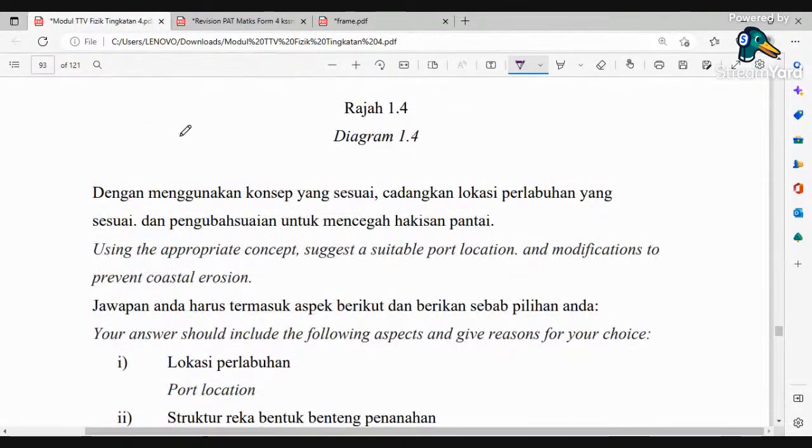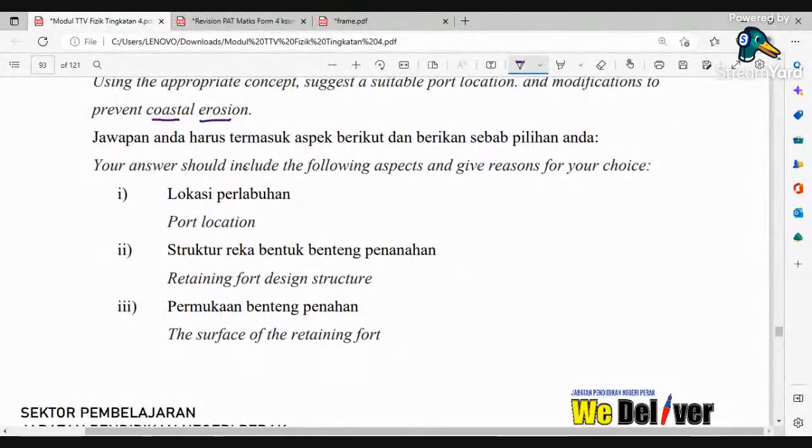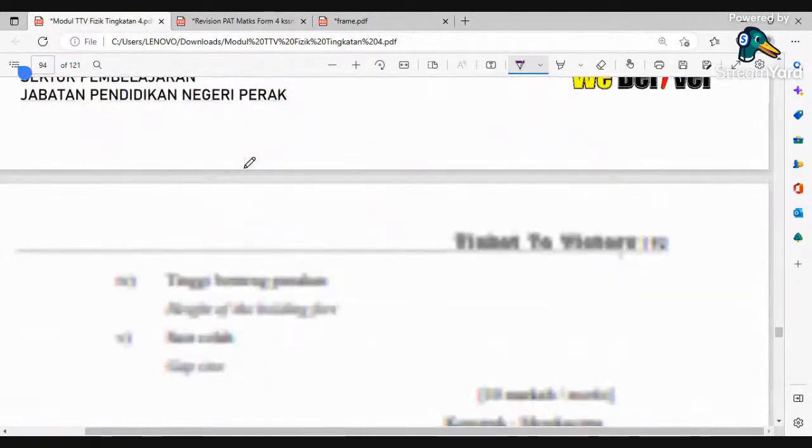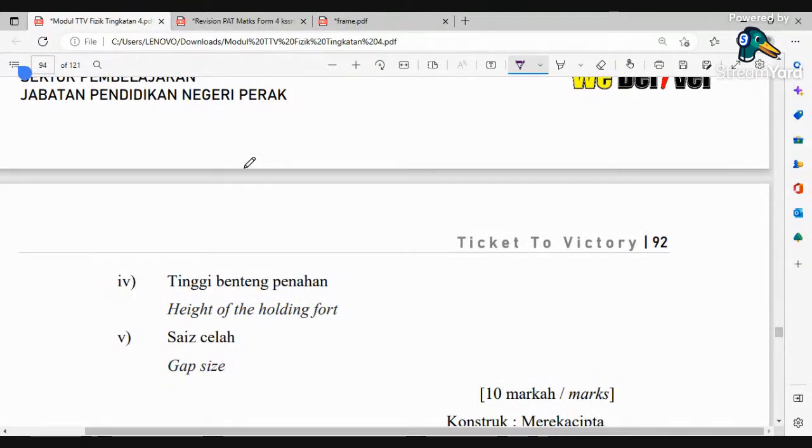Using appropriate concepts, suggest a suitable port location and modification to prevent erosion. Your answer should include the following aspects: port location, retaining wall, the surface of retaining wall, height of the retaining wall, gap size.